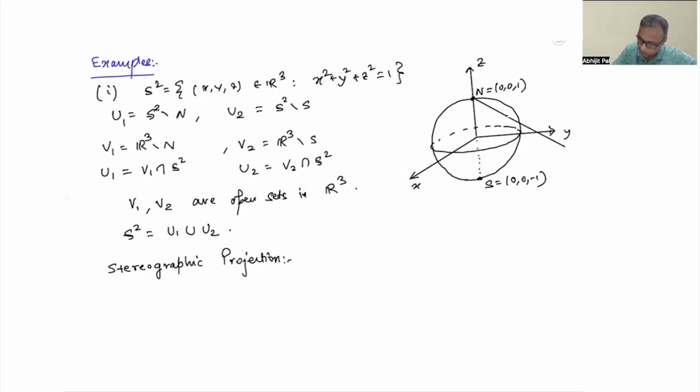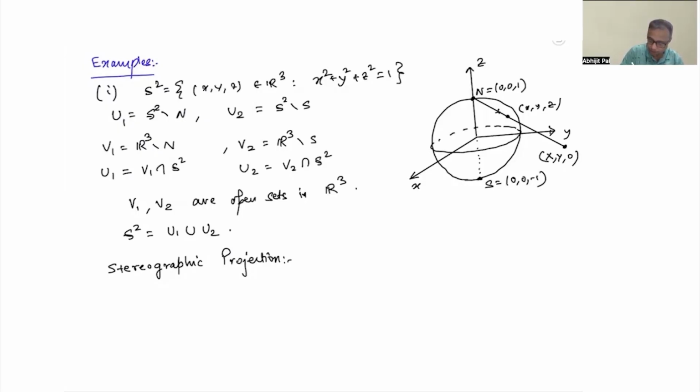Suppose this point is my (x, y, z). So I'm taking the straight line starting from this north pole. It will intersect the sphere at (x, y, z) and intersect the plane at (capital X, capital Y, 0). Okay.